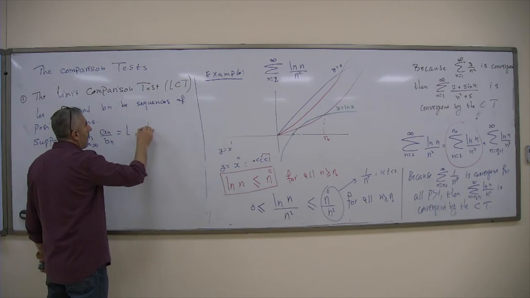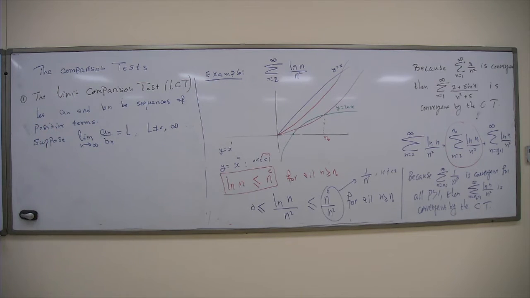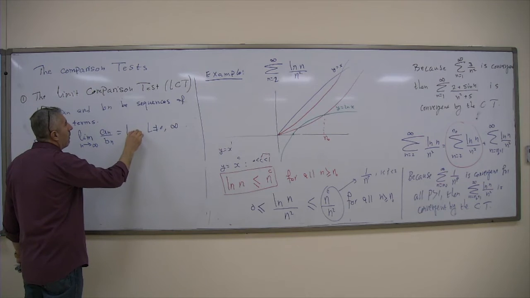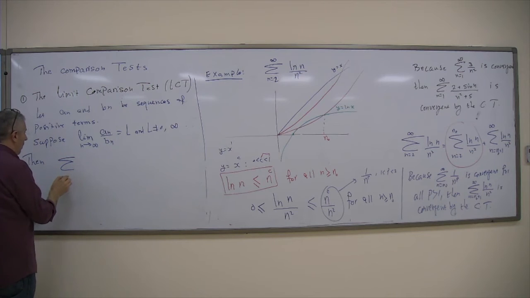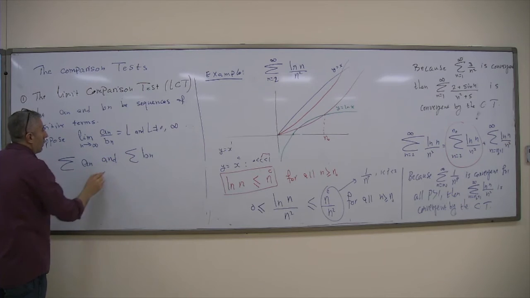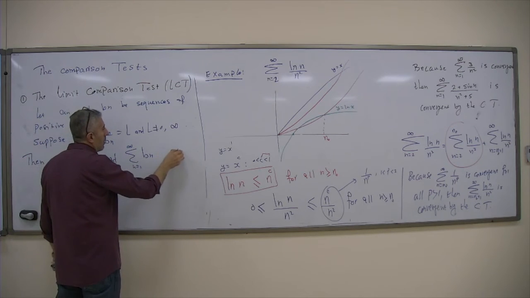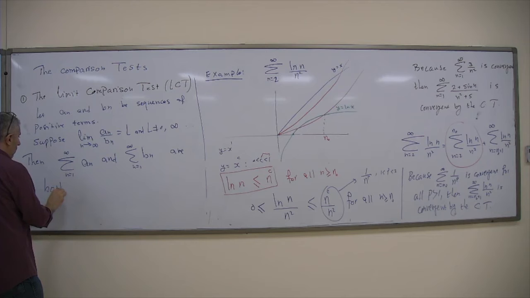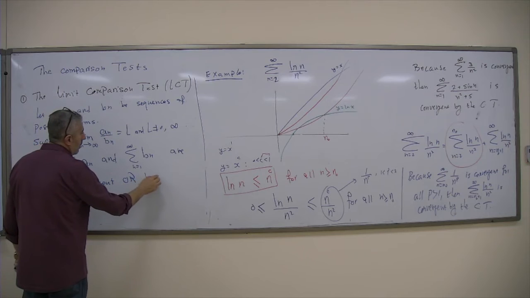However, if this L is not 0 and not infinity, then either the summations of a_n and b_n, n from 1 to infinity, are both convergent or both divergent.